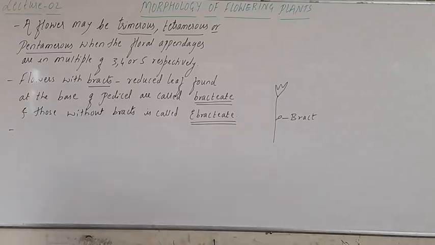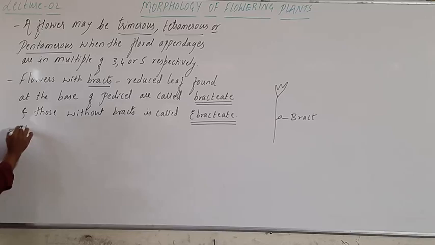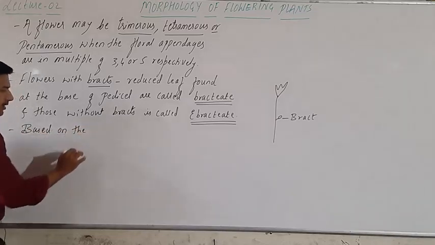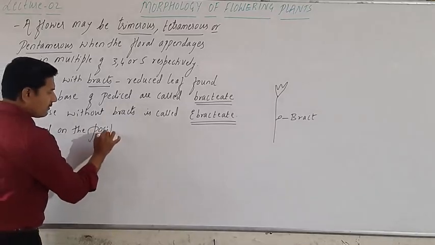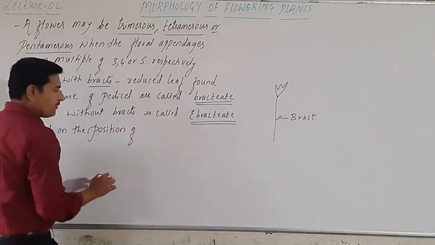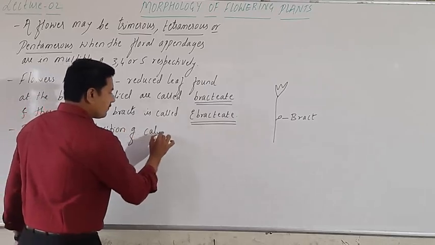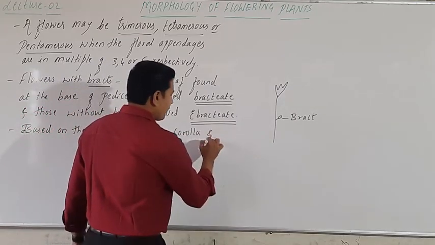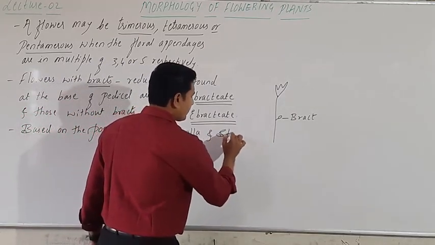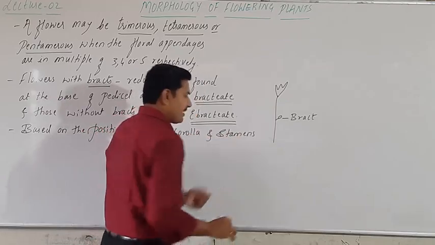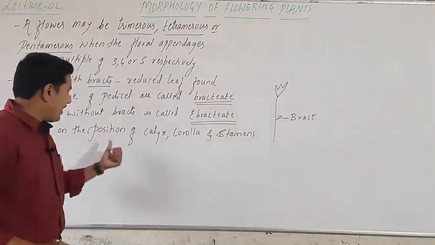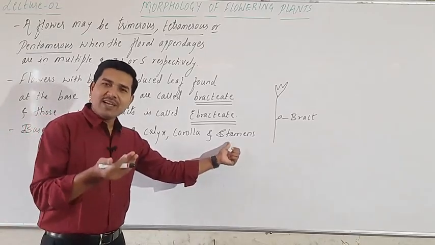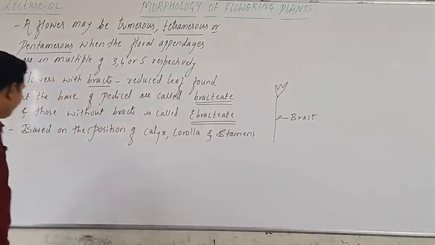So, based on position of calyx, corolla and stamens, meaning androecium. So, based on the position of calyx, corolla and stamens, the ovary are of three types.